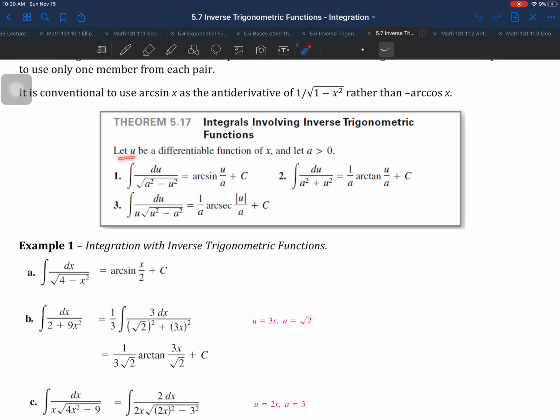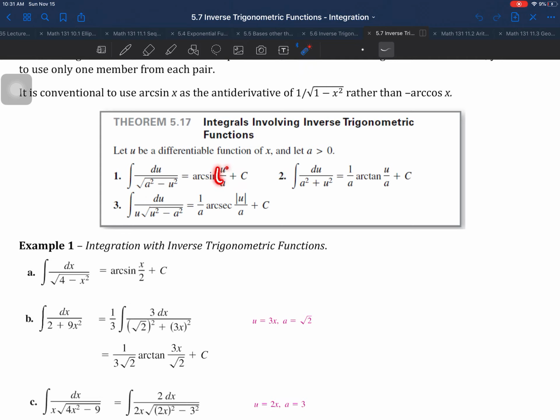If we let u be a differentiable function of x and let a be a constant greater than 0. If you have a function that is 1 over the square root of a squared minus u squared, then the integral for this will be arcsine of u over a plus c.